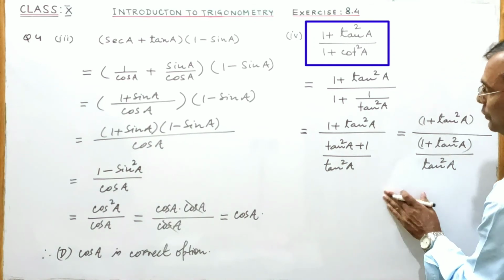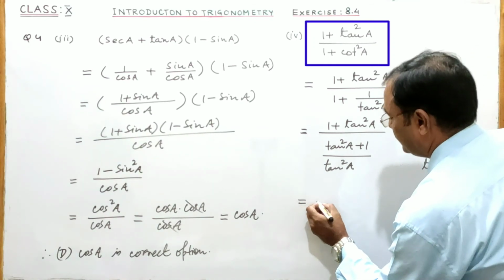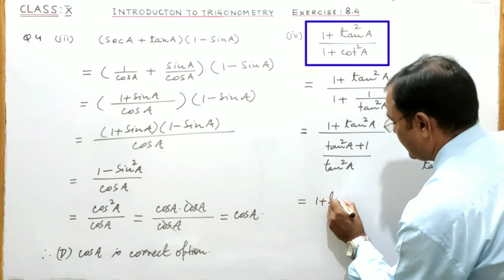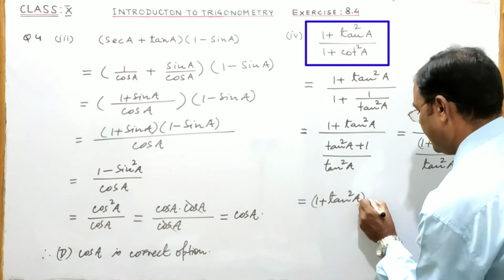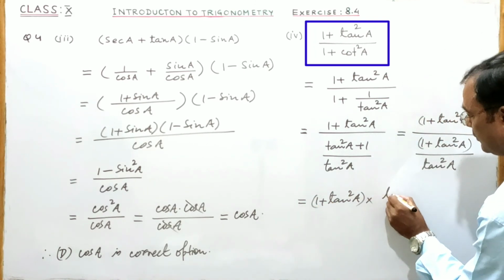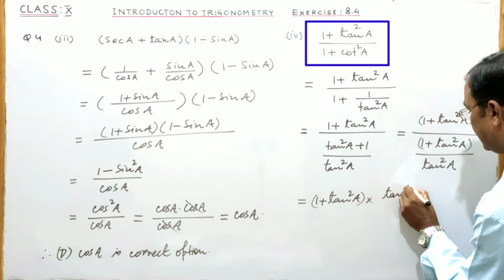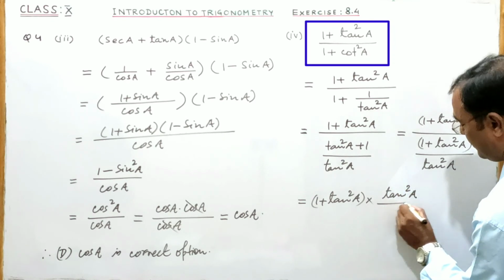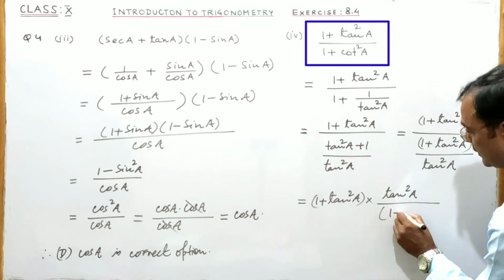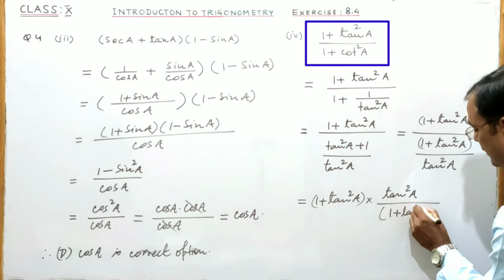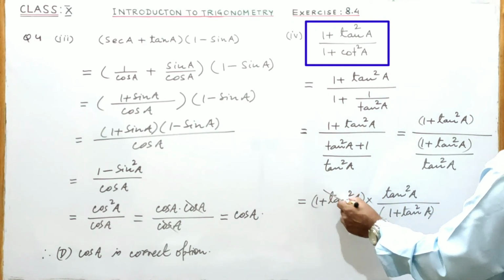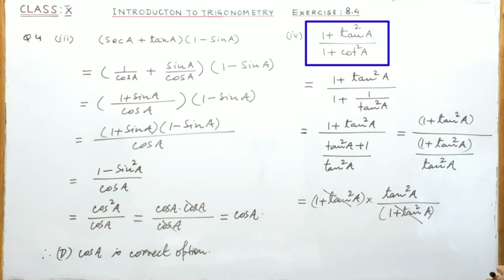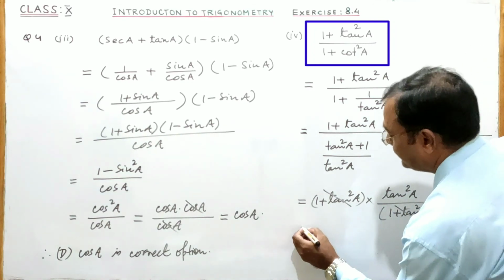and this is equal to 1 plus tan square A into tan square A by 1 plus tan square A. This 1 plus tan square A, 1 plus tan square A cancel.